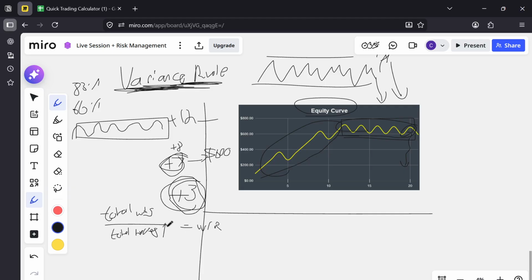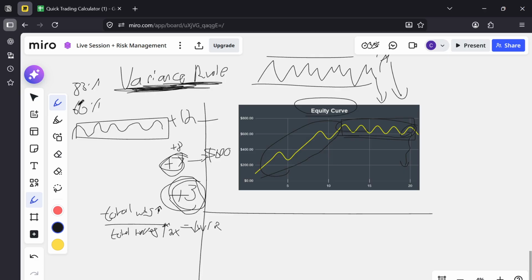Your total trades is increasing, but your total wins is pretty much staying constant and only increasing a little bit. Total trades is increasing by double, because it increases every time you take a win or a loss, whereas the wins are only increasing by half. This is going to massively reduce your win rate, all because of variance.